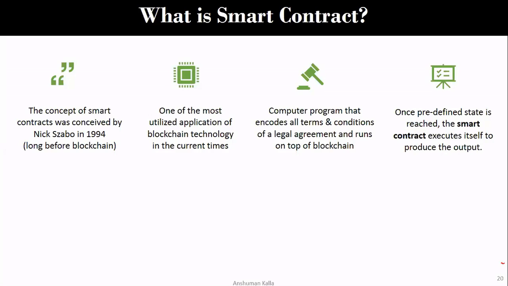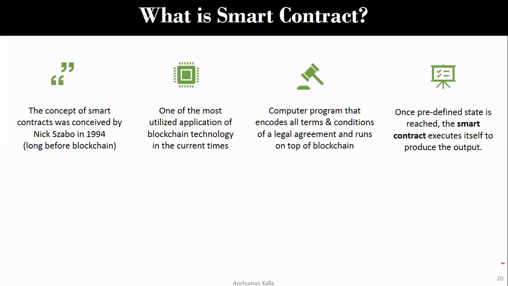They are basically computer programs that encode all the terms and conditions between the two parties. So all the legal agreements are encoded into a code, and this code is then put onto the blockchain, right?